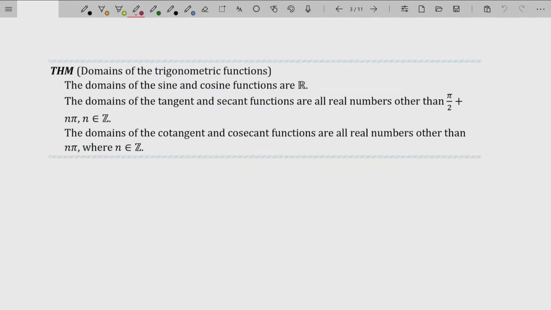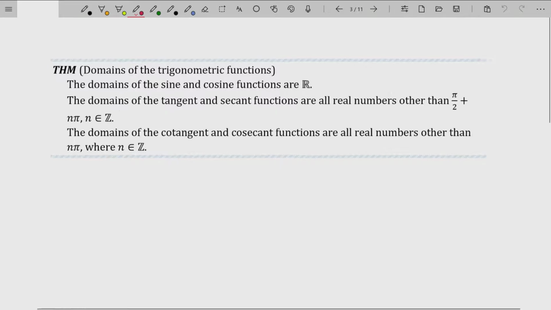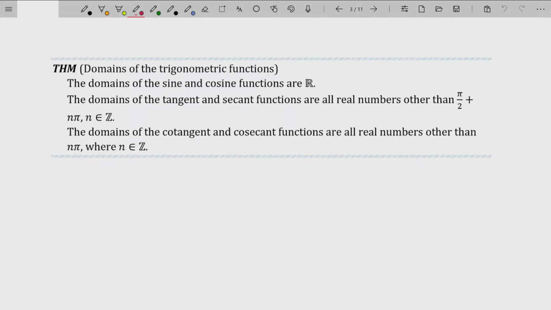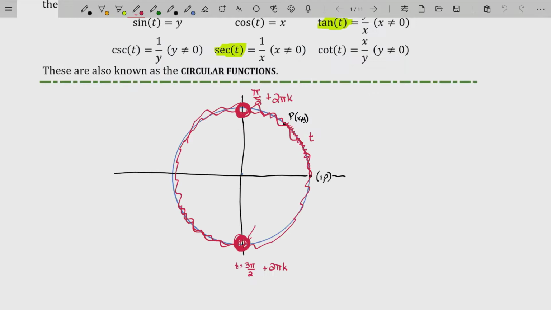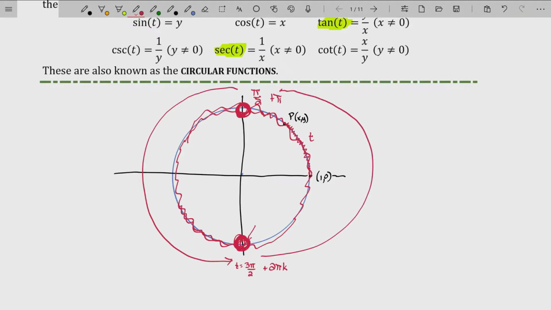And in this theorem here, I write it as pi over 2 plus n pi, because you can group these two together by saying, listen, I got to pi over 2, and if I add pi, I will get here, and it's undefined. And if I add another pi, I'll end there, and again the tangent and secant are undefined because x values are 0 there.